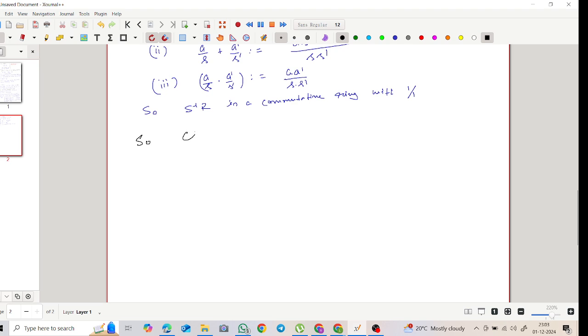So Q, how was it defined? S inverse Z, where S is... right.